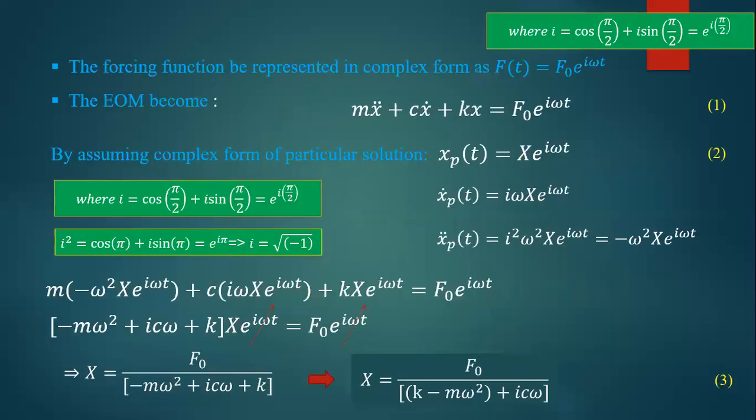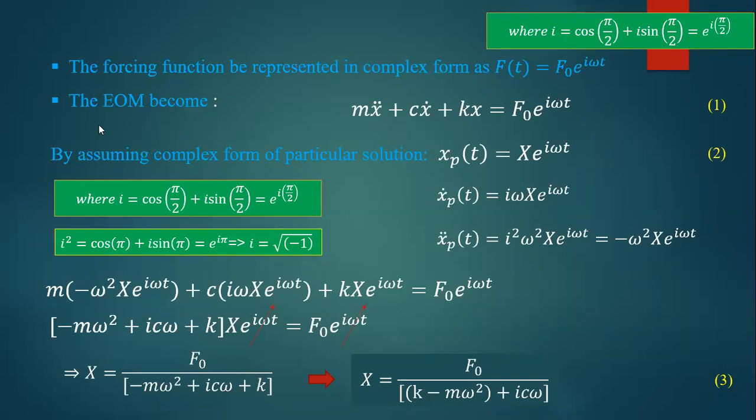The forcing function can be represented in complex format in this type, because we have this i, or sometimes we can use j. So this i indicates the complex form of expression, the exponential form in the complex format.